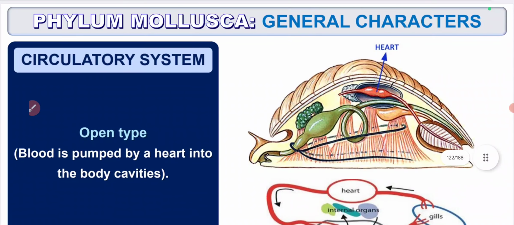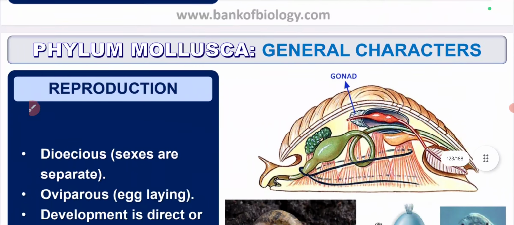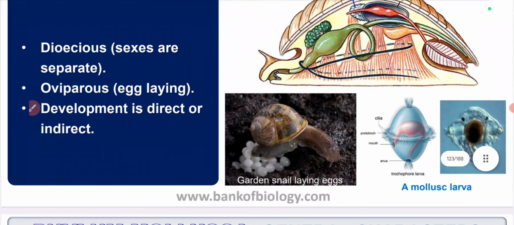Circulation is open type, that is blood is pumped by heart into the body cavity. Next, reproduction is dioecious, means sexes are separate, unisexual organisms. Oviparous or egg-laying, development is direct or indirect.